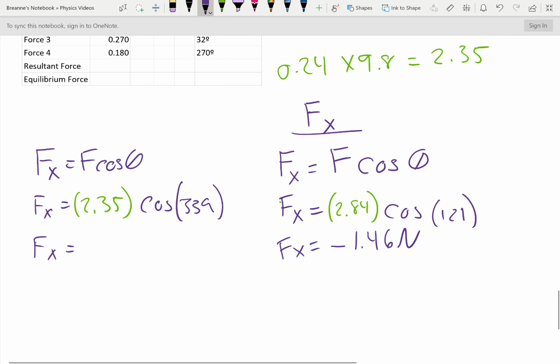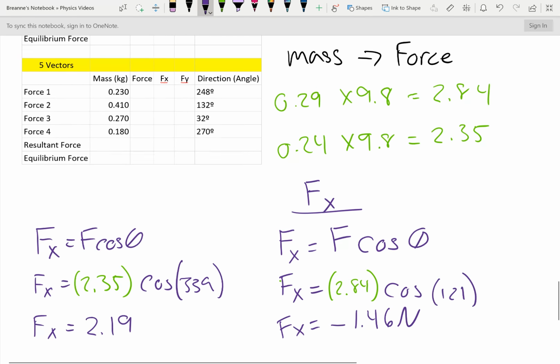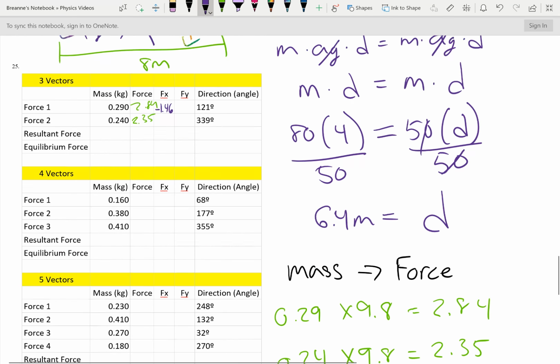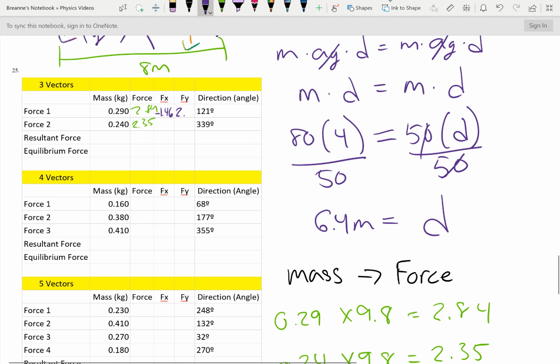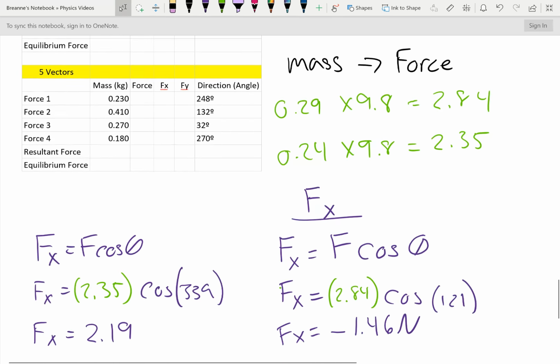So 2.35 times cosine of 339. Plug that into your calculator, you get a 2.19. You just plug that in right here. Nope, wrong spot. A 2.19. So that is for your force in the x.